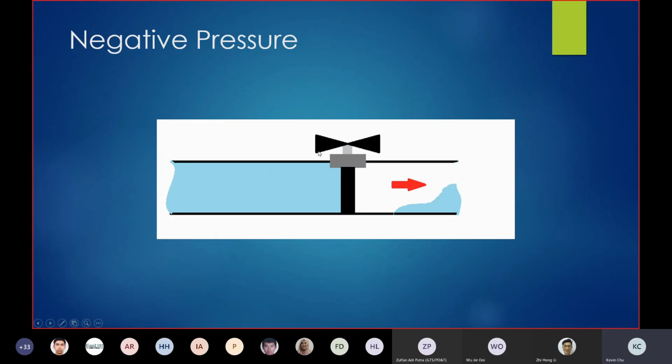Suddenly when I close the valve, we see the phenomenon from the previous slides. But what happens in the downstream is that when the valve is closed, the water at the downstream will move away from the valve. This is due to inertia, and therefore creates a negative pressure region at the downstream of the valve.